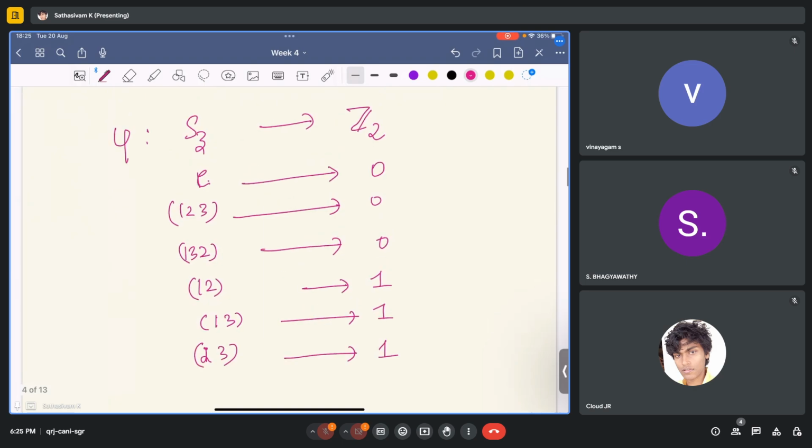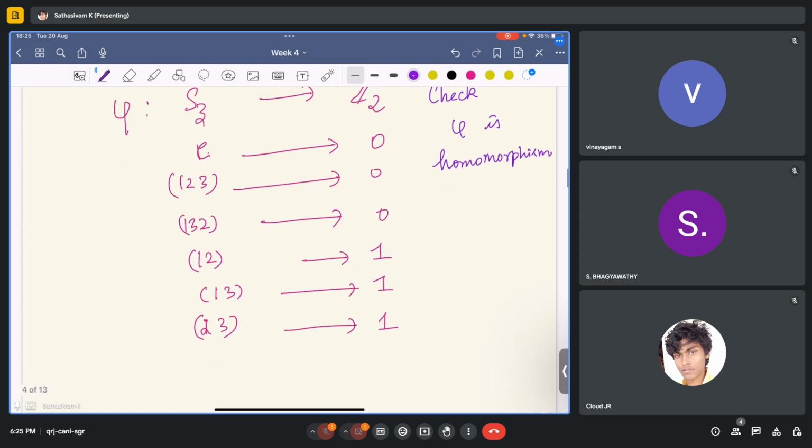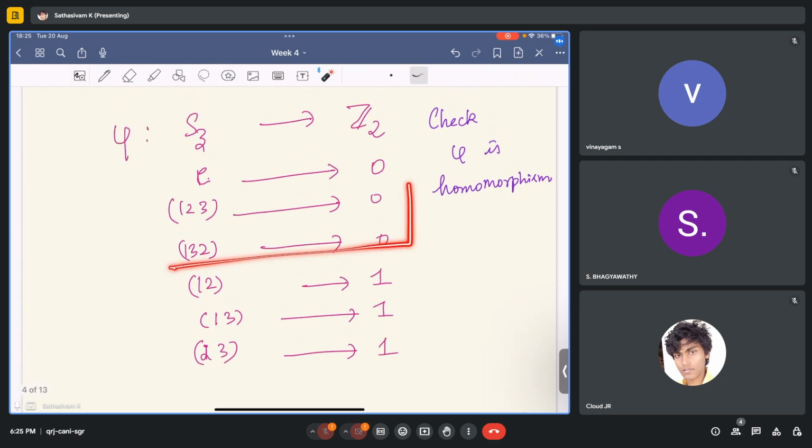Okay. So now you can check that this map is actually a homomorphism. Check phi is a homomorphism. Okay, once you have checked this map is a homomorphism, if you look at the kernel, you can see the kernel is basically these 3 elements, right?